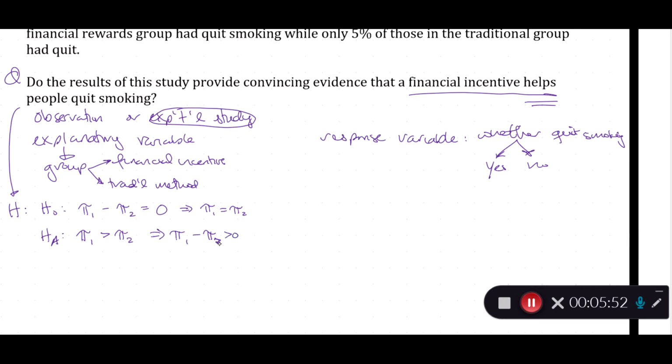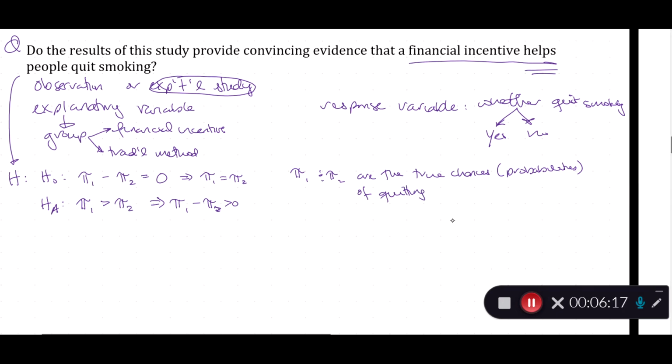But so that we can be clear in what this direction of inequality means, we have to be sure to define our parameters. So pi 1 and pi 2 are the true chances or probabilities of quitting smoking under a financial incentive and traditional methods.